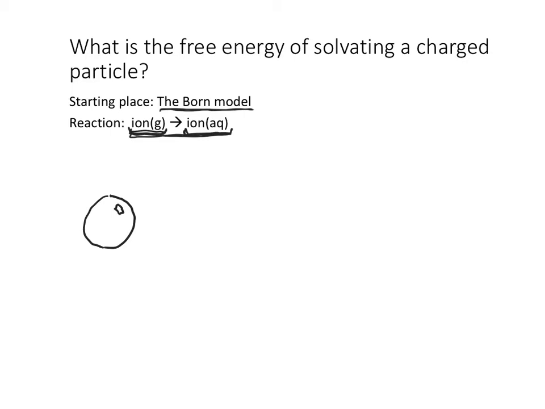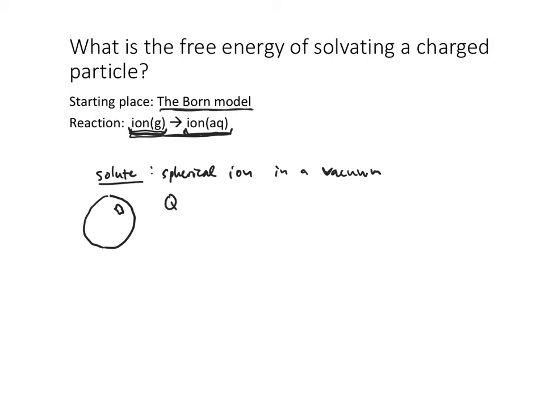I'm assuming it's spherical, okay? And we'll call this the solute. All right? And it's, like I said, a spherical ion in a vacuum. Because in the gas state, we can assume that it's essentially in a vacuum. It's going to be very far away from any other particle.